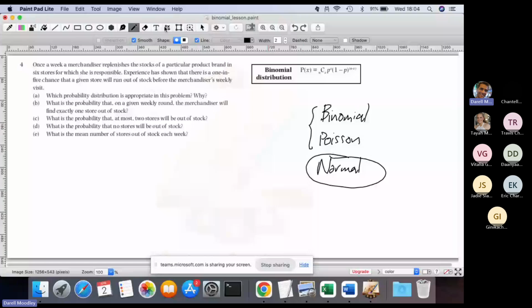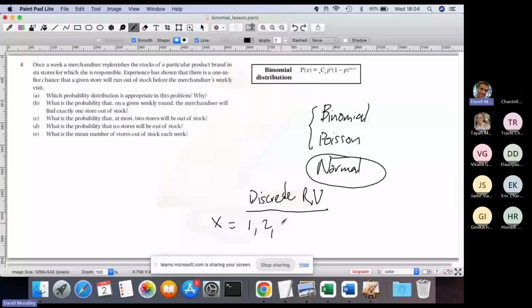The reason it's split up is because the binomial distribution and the Poisson distribution deal with data that's discrete. What I mean by discrete is when we're counting something. For a discrete random variable, RV for random variable, your x variable can only take on values like 1, 2, 3.